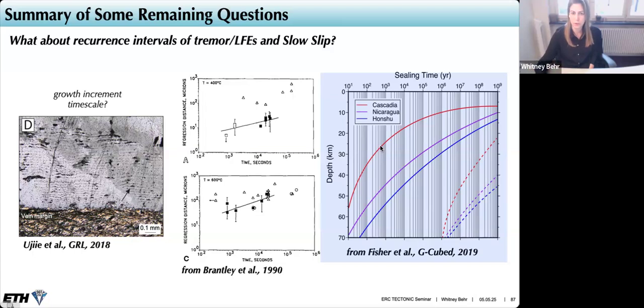So much too long to match either LFE or slow slip recurrence, maybe more consistent with regular megathrust earthquake recurrence intervals. So the take home here is just that our constraints on vein sealing and healing span many orders of magnitude. And we therefore don't really understand the extent to which they might control recurrence intervals in these transient types of events.